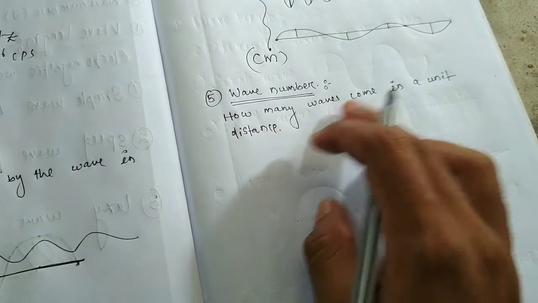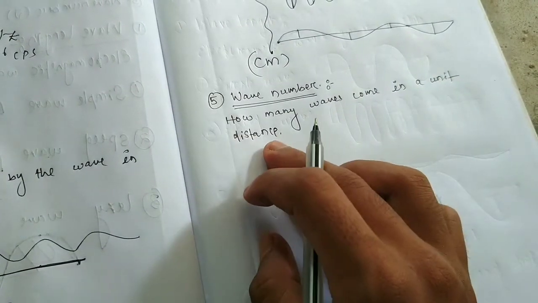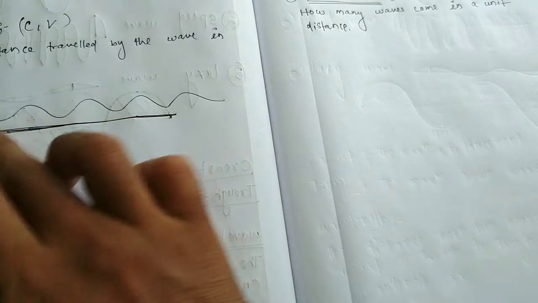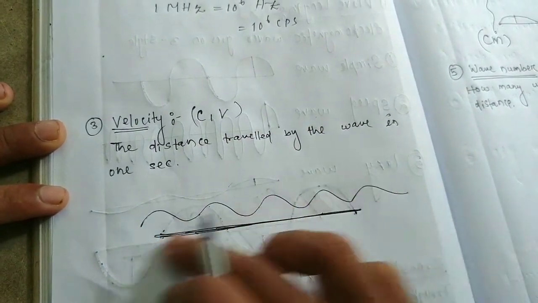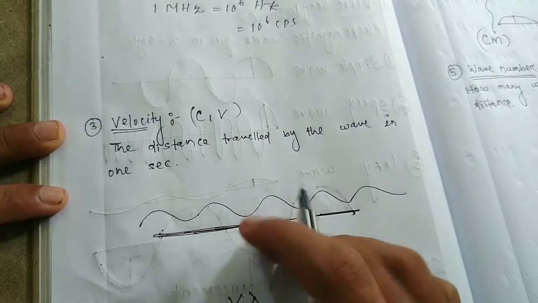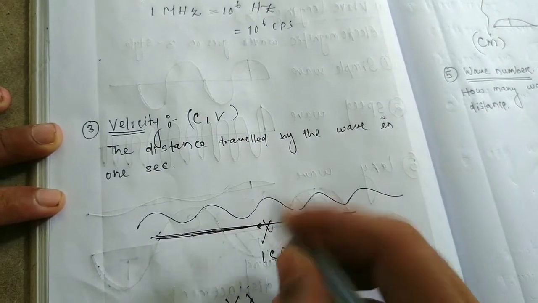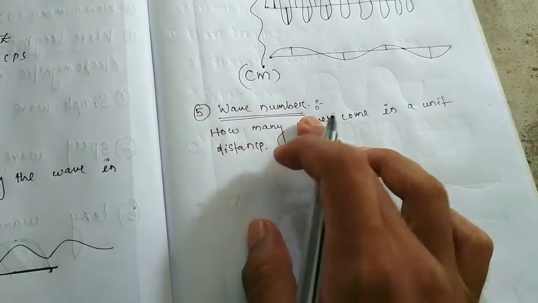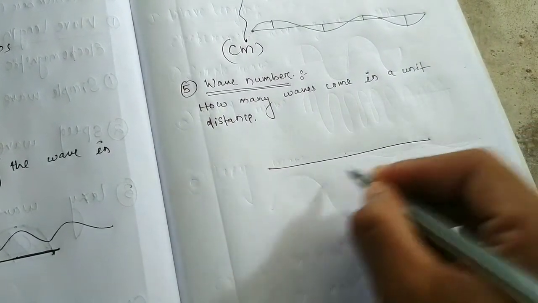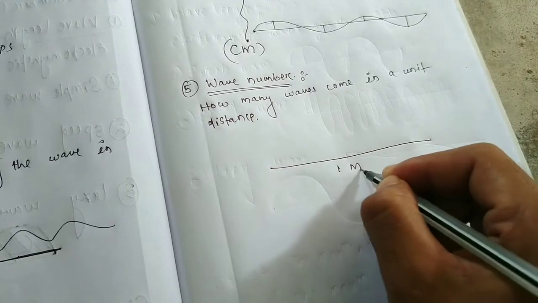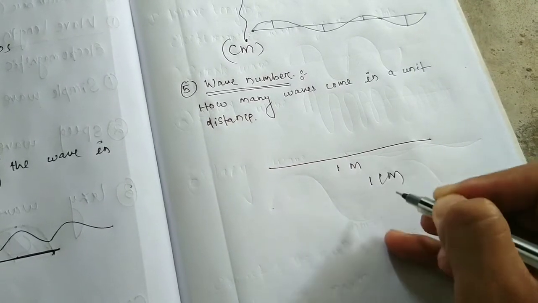And at last, wave number. How many waves come in 1 unit distance? In velocity, a particular distance is given, not a particular point. Then for wave number, unit distance means this distance may be 1 meter or maybe 1 cm.